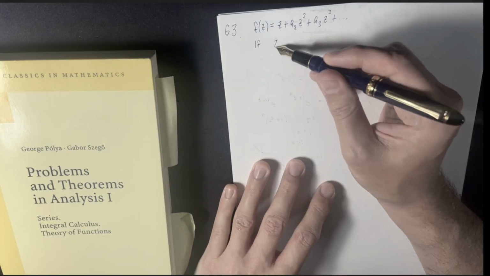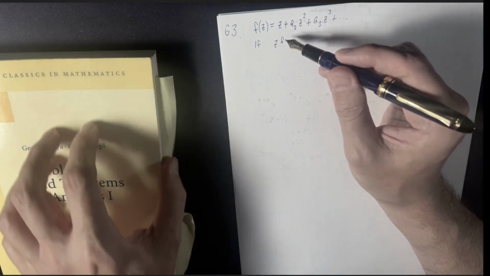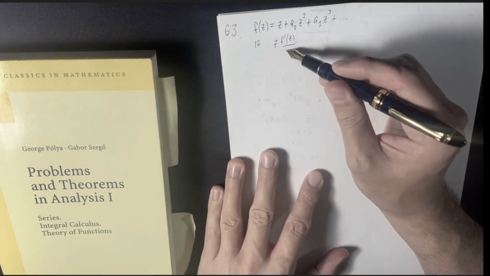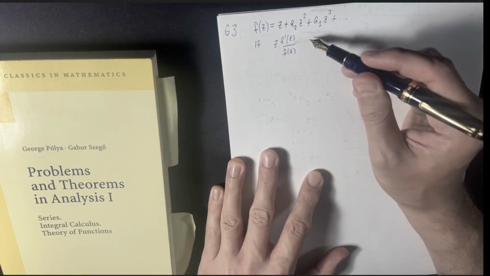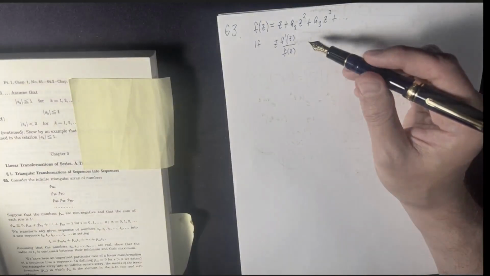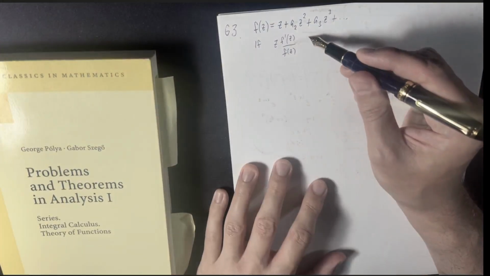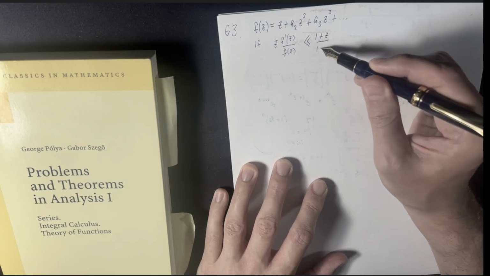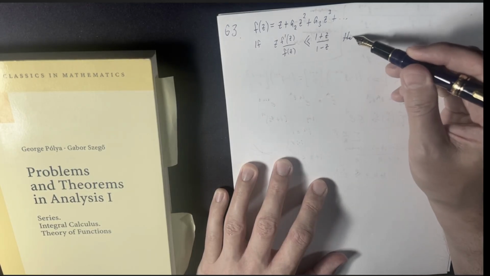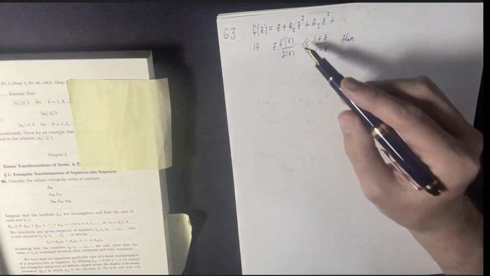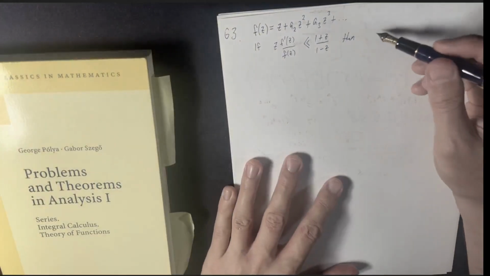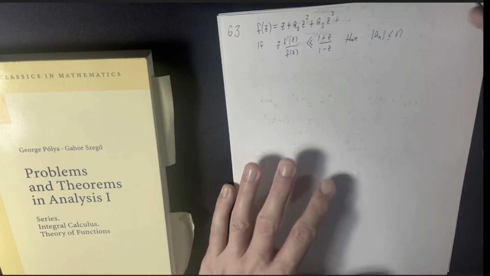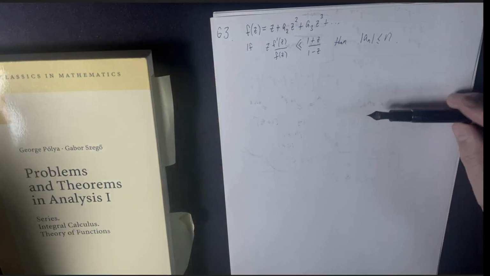If you're given that z f prime over f of z is majorized by 1 plus z over 1 minus z, then you'll also be able to show that the magnitude of these coefficients is always bounded by n. So that's our goal at the moment.